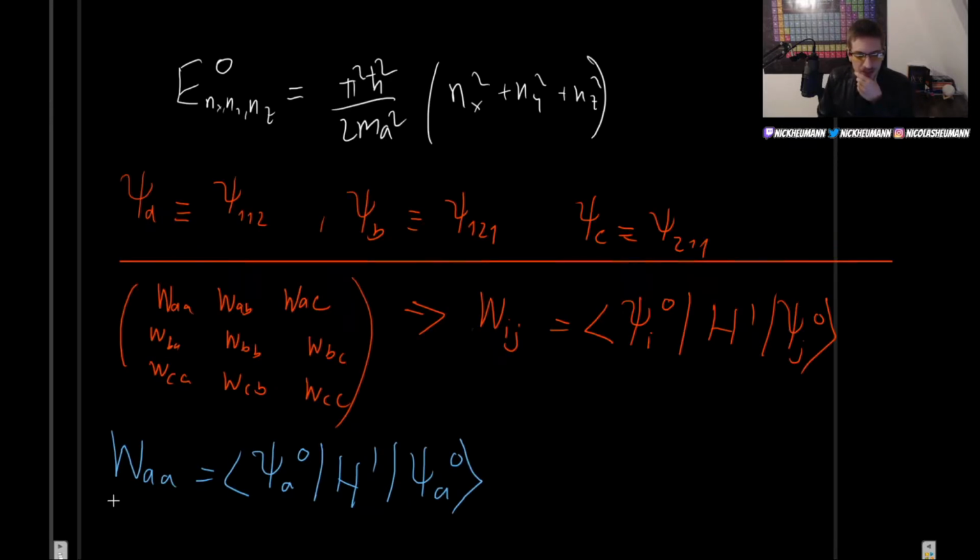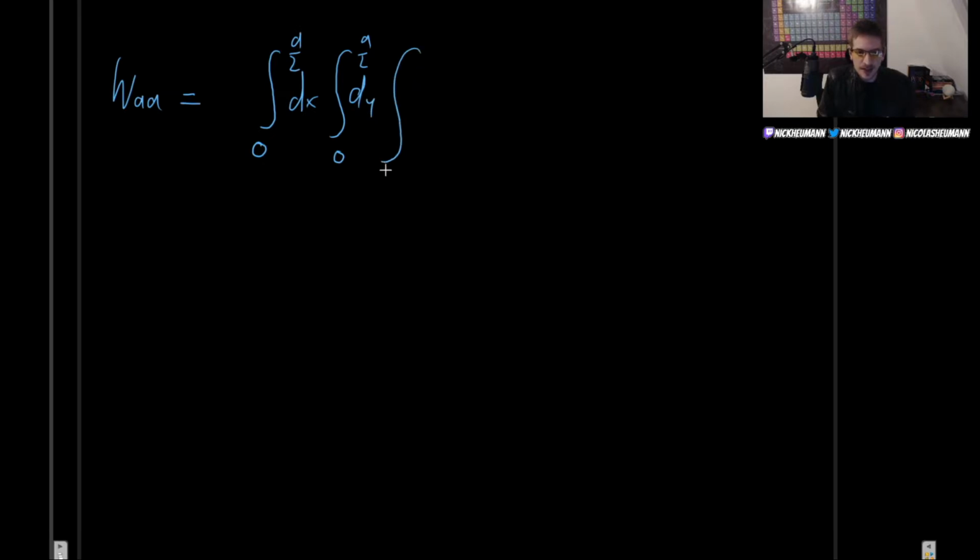So we want to calculate this. We know that this is an integral, and our wave function is real, so when we integrate with the complex conjugate, multiplying the normal part, it will be just the wave function squared as before. So what we get here, WAA, is going to be the integral from 0 to a over 2 for x, integral from 0 to a over 2 for y, integral from 0 to a for z, all right, and the Hamiltonian in front, of course.